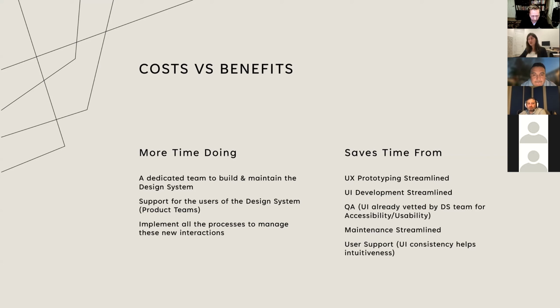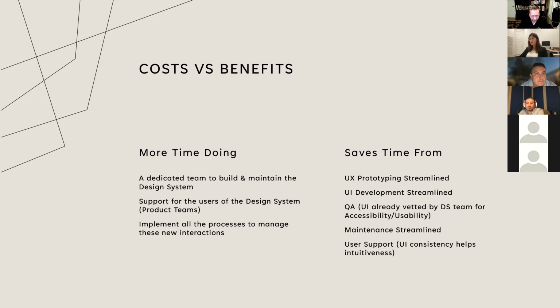But by doing so, you'd save a lot of time prototyping, on UX, and developing the UI. QA would be simplified because your UI is already pretty much good, and accessibility and usability should already be baked into your components. Maintenance should be streamlined for UI bugs and things like that.